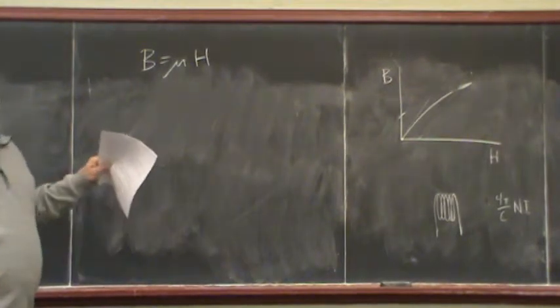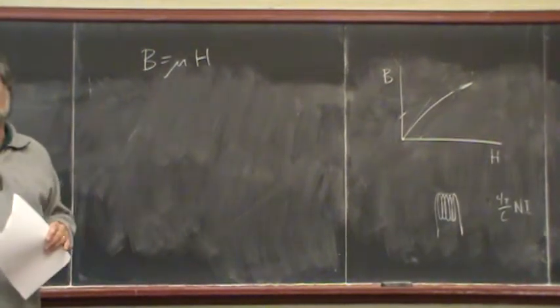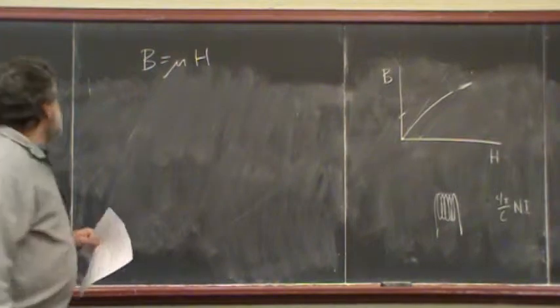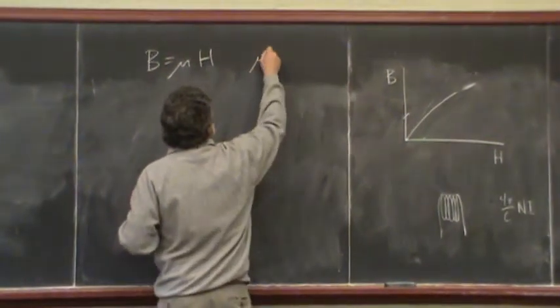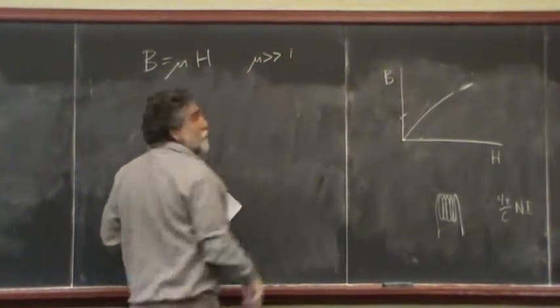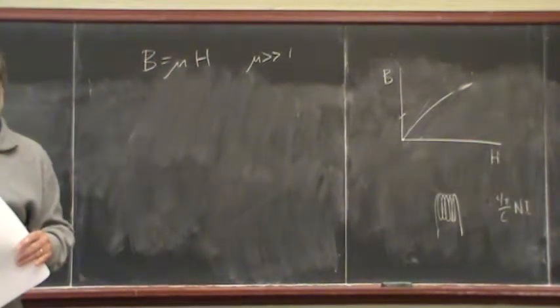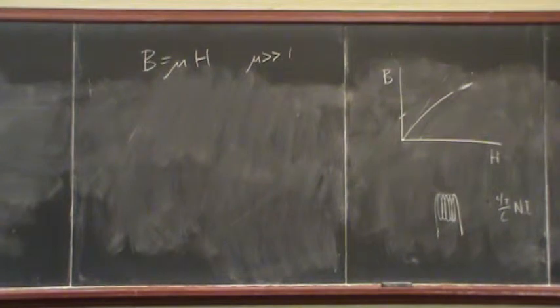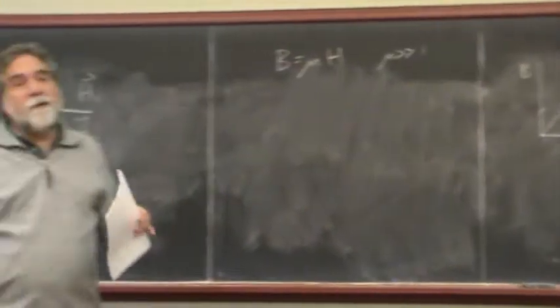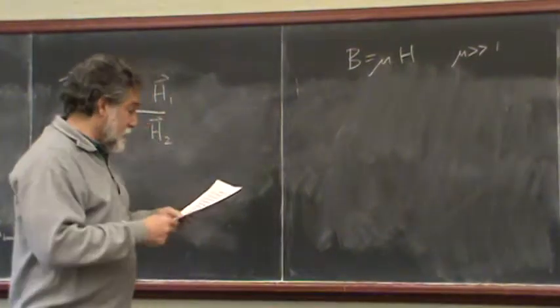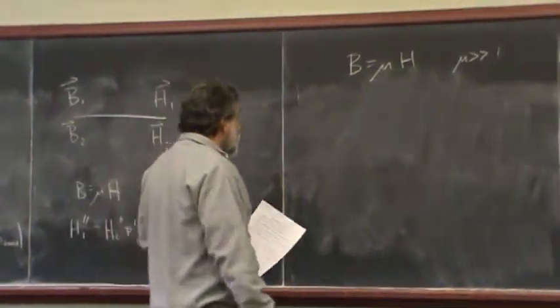But I'm going to make a further assumption in order to work with magnetic circuits, that mu is much, much greater than 1. For typical magnetic materials that we're interested in, mu will be somewhere between 1,000 and 200,000. So it's greater than 1, just by a little bit.